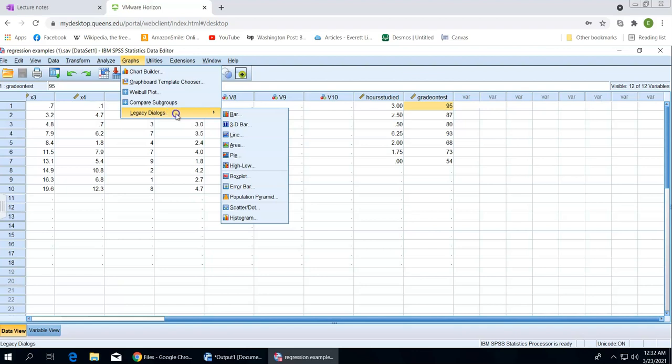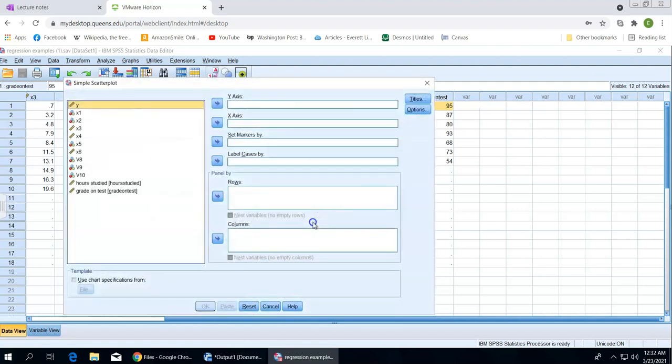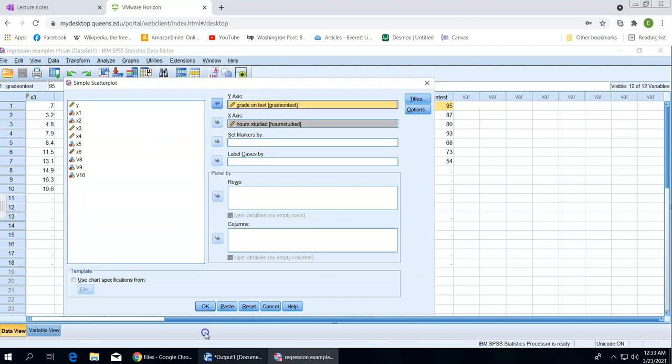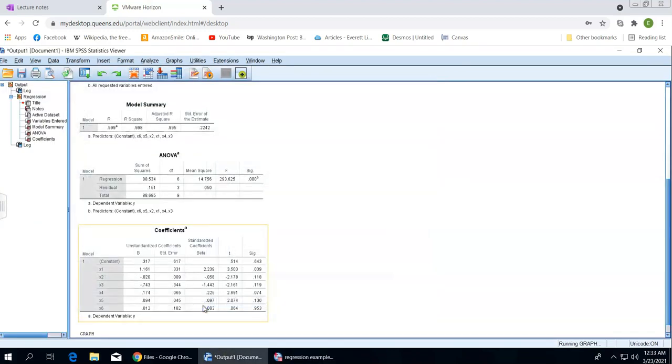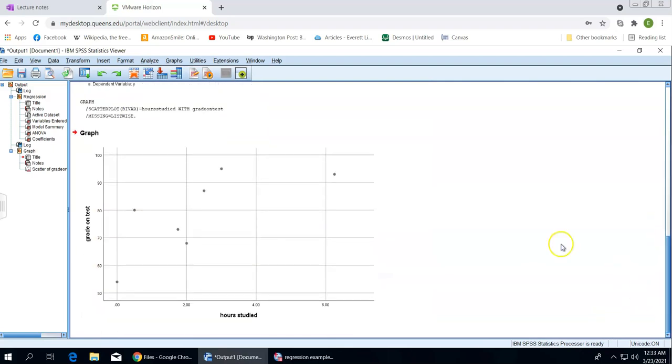So under Graphs, Legacy Dialogs, Scatter/Dot, Simple Scatter, the number of hours somebody studied is going to be the independent variable, and their grade on the test is going to be the dependent variable. So we're going to click OK. And that's our graph. It can be nice to see the regression line on that, so let's do that.